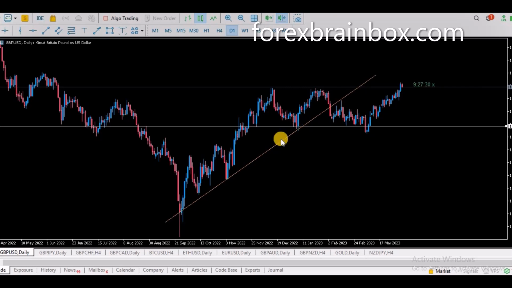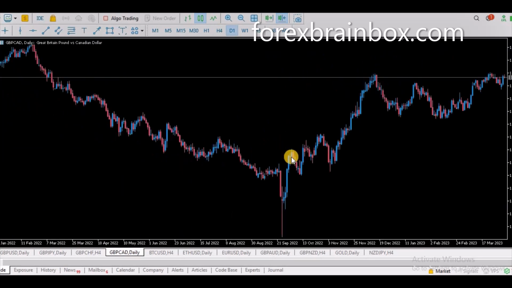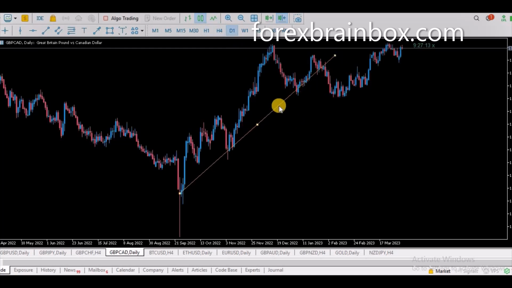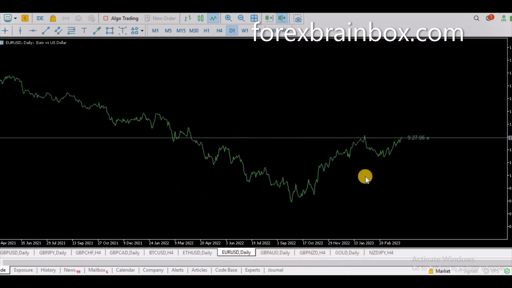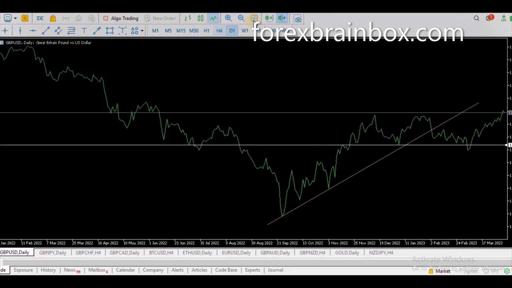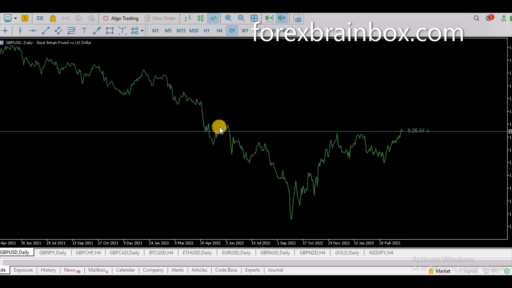I'm going to go into another pair. Okay, yeah, so you can have about the same thing here. You can see that same thing here. I want to go to a completely different pair that's not USD. Okay, I think I saw one here. Yes, we can see that on our previous trend, you can also find the pattern.